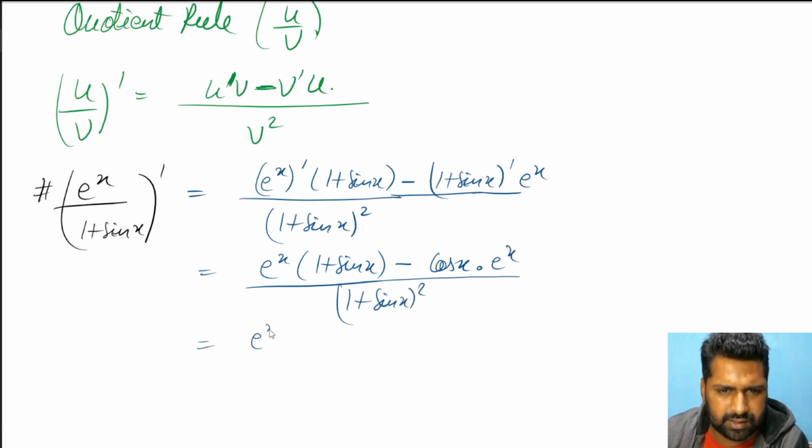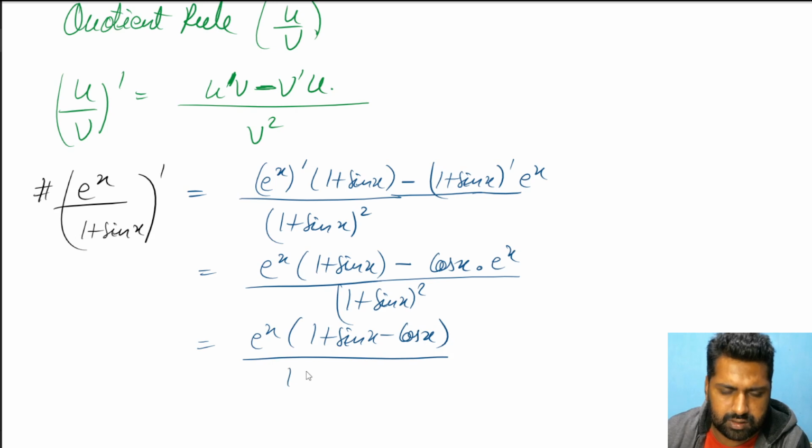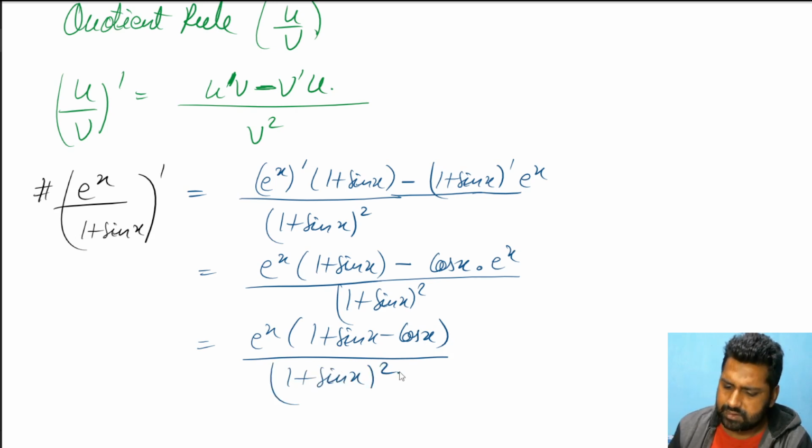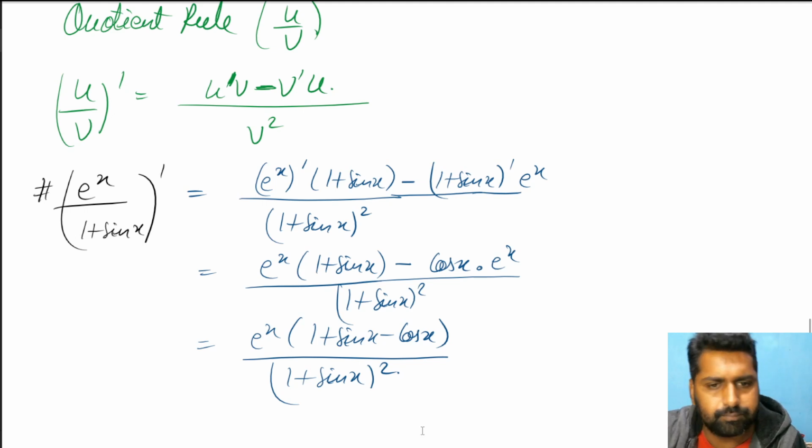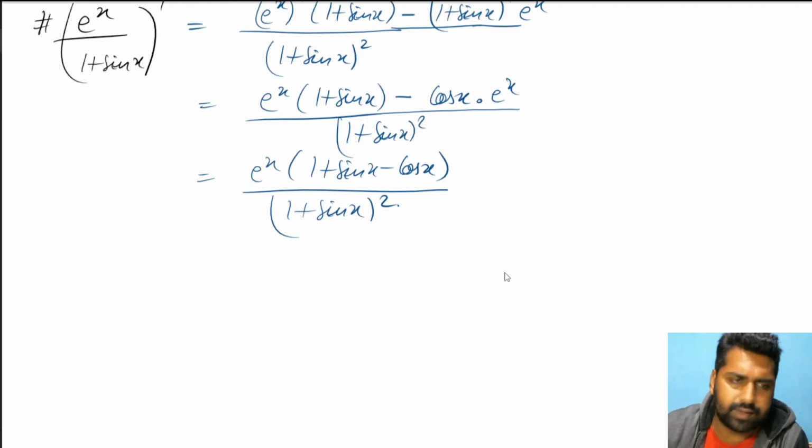E raised to power x you can take common again, so it will become 1 plus sine x minus cos x upon 1 plus sine x whole square. That's it. That's the maximum you can do. This gives you an idea how to go about u by v. Let's take a few more examples.